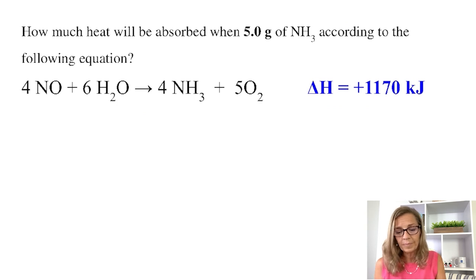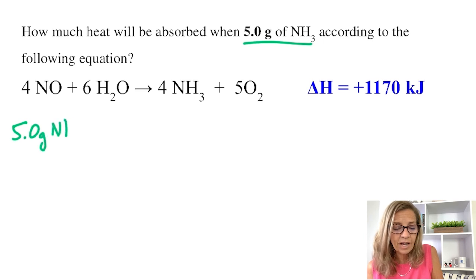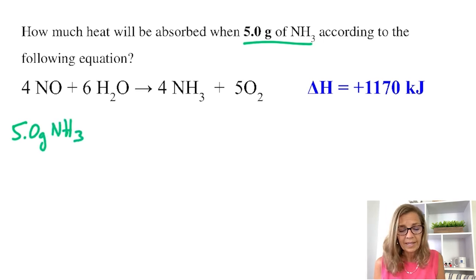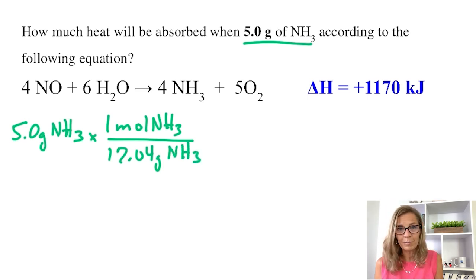Let's do one more. This time we're starting with grams of ammonia. So that's my given. I have 5 grams of ammonia. Now, you guessed it, I've got to go to moles there. So 1 mole of ammonia is 17.04 grams of ammonia. Okay, now I've converted grams to moles.